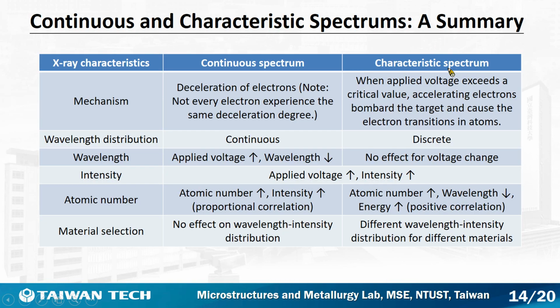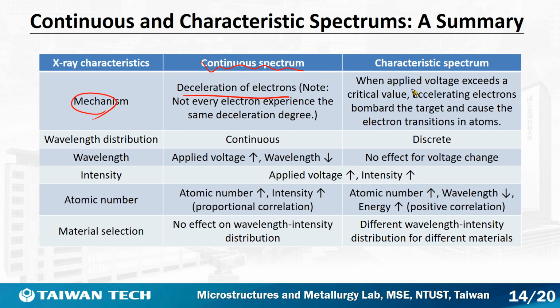Okay, let me make the summary for you for the continuous and characteristic spectrums. For the mechanisms, the continuous spectrum forms because of the deceleration of electrons, and not every electron experiences the same degree of deceleration. So this spectrum shows different wavelengths for the X-rays.